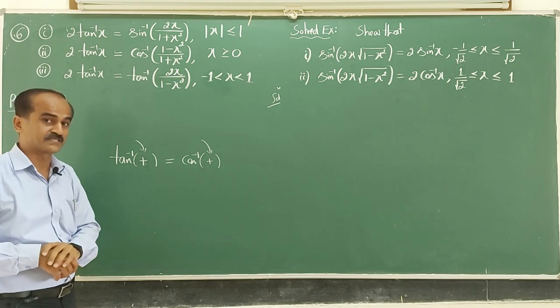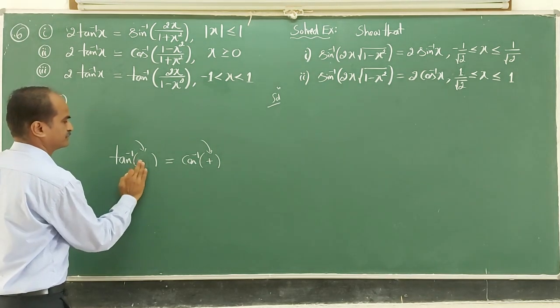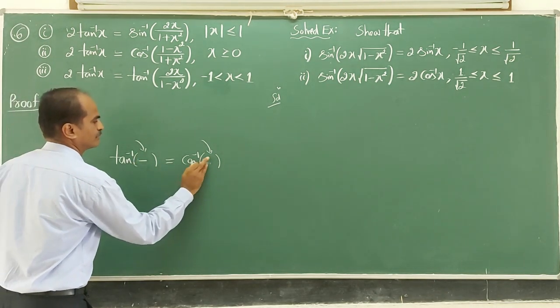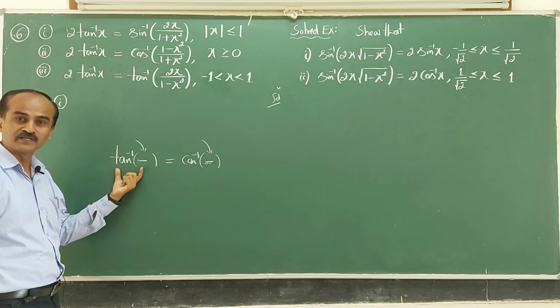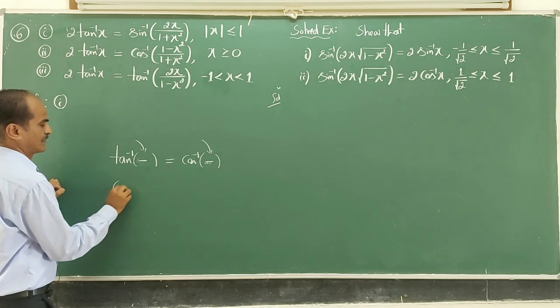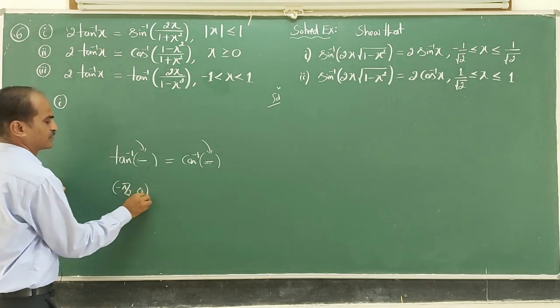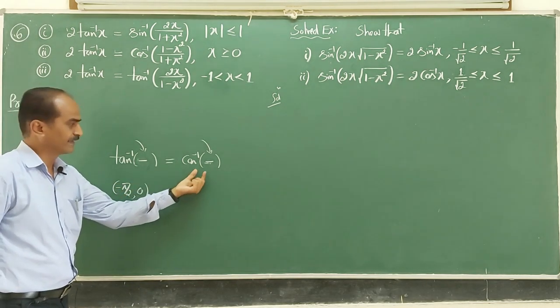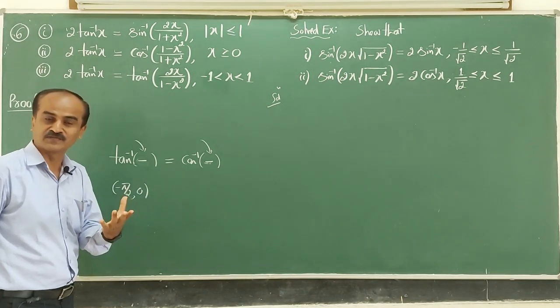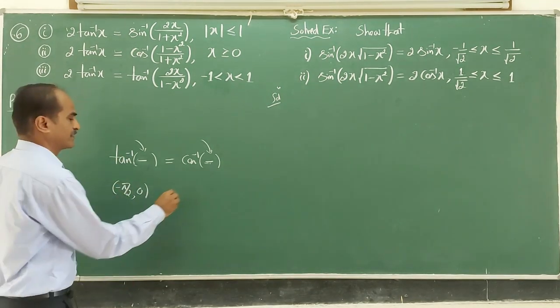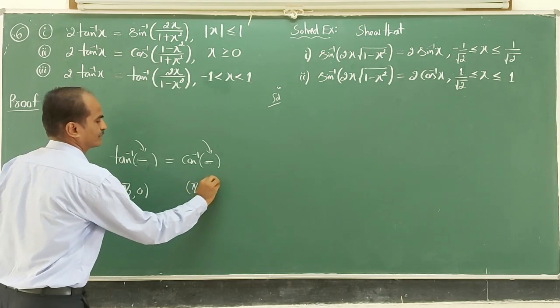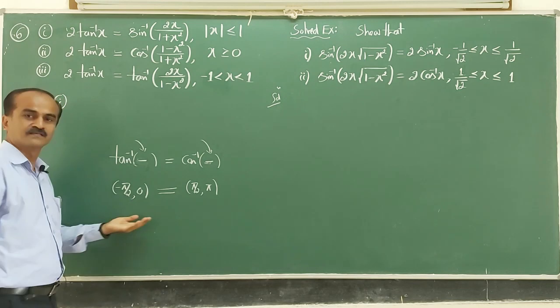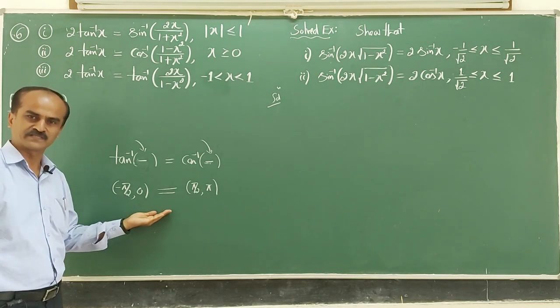Suppose now x takes a negative value. What is the range of tan inverse of a negative real number? It is minus pi by 2 to 0. Here when x is negative, cos inverse x will give us what range? Pi by 2 to pi. Now can we say that these two for any value of x will be equal?